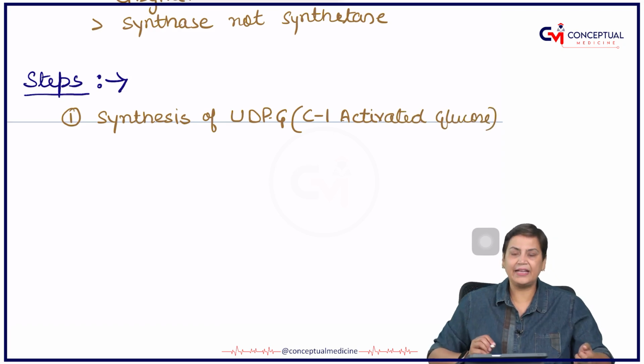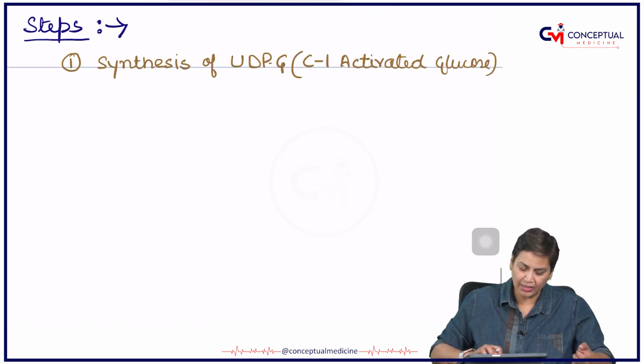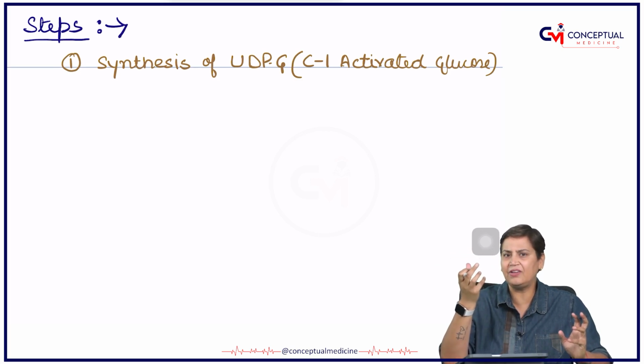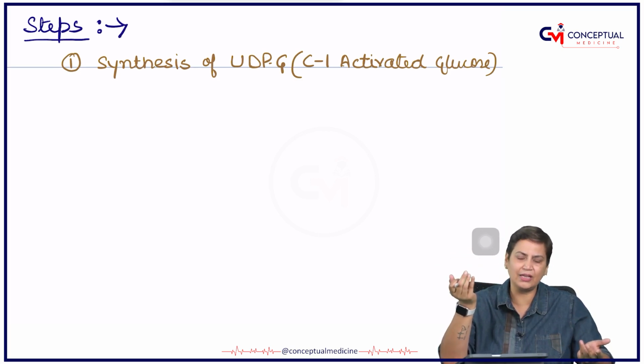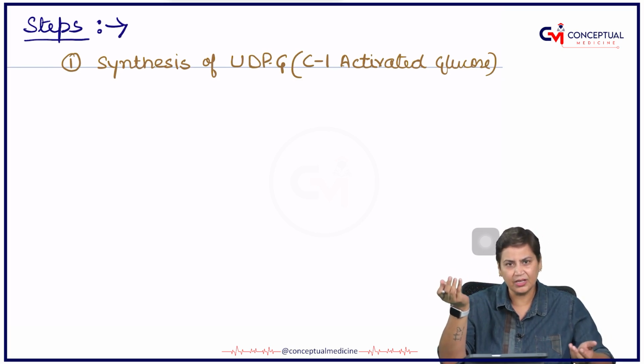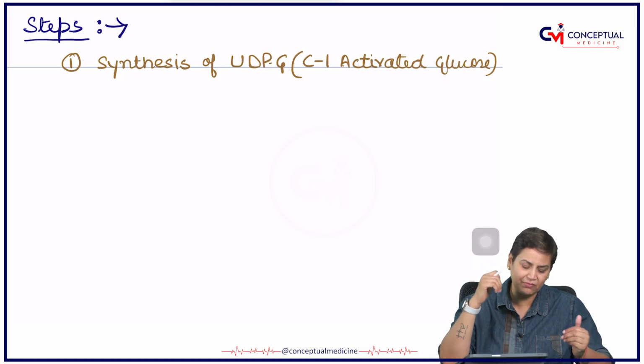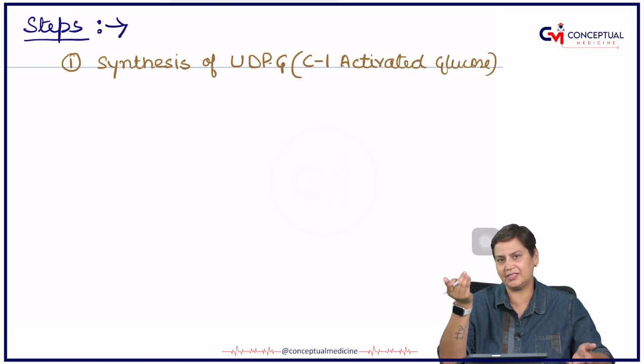Again, we are just activating carbon 1, because we know that glycogen is nothing but alpha-1,4 and alpha-1,6 glycosidic linkage. And since it is a glucosan, it has all identical glucose molecules which are linked by alpha-1,4 and by alpha-1,6 linkage.